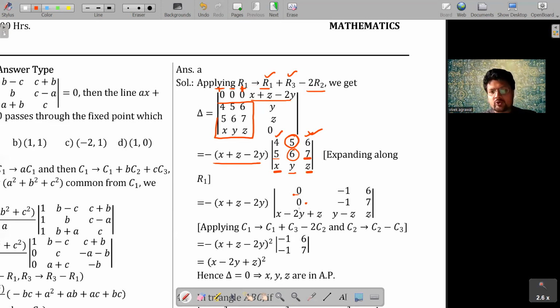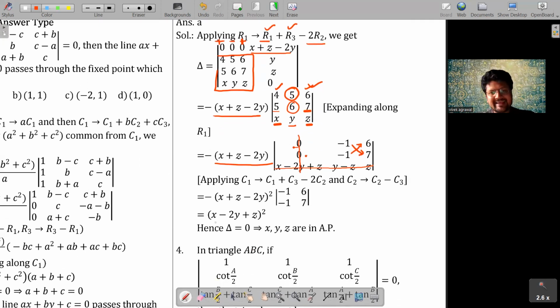Now you have two zeros in a single column, so you expand along x minus 2y plus z. This is the same thing you have here, so x plus z minus 2y whole square is equal to minus 1 into 7 minus 1 into 6. Ultimately we got x minus 2y plus z whole square.